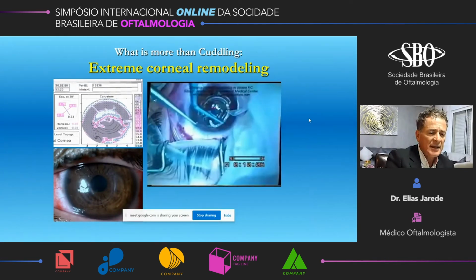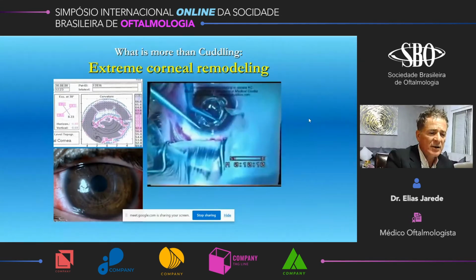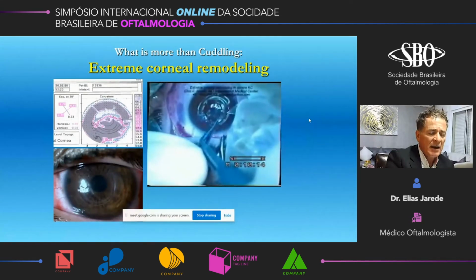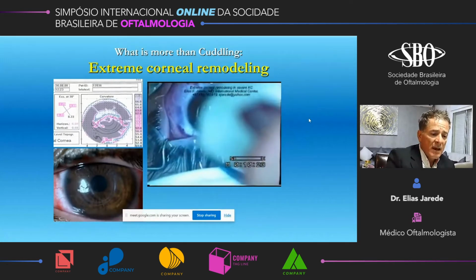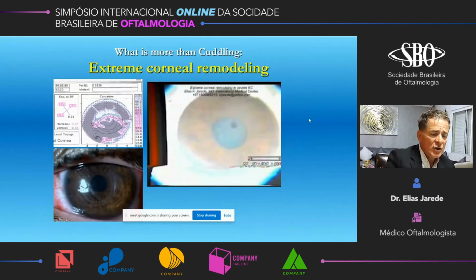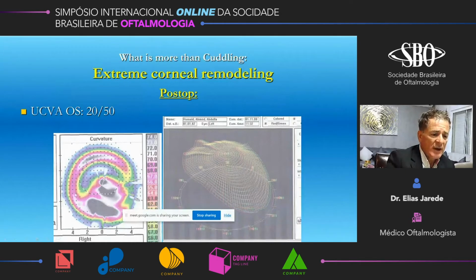We inserted the external Intacs, then the internal SI5 at 110 degrees. Here, surprisingly, showing the postoperative result of the cornea with the elevation map, with pretty much enhancement of corrected and uncorrected distance acuity, with quite a satisfaction from the patient and the surgeon as well.